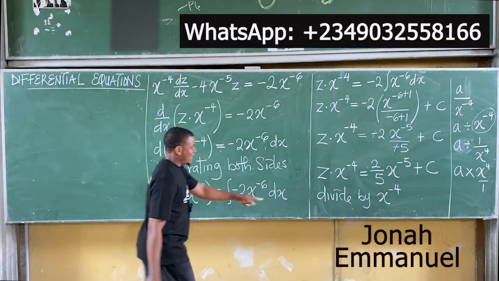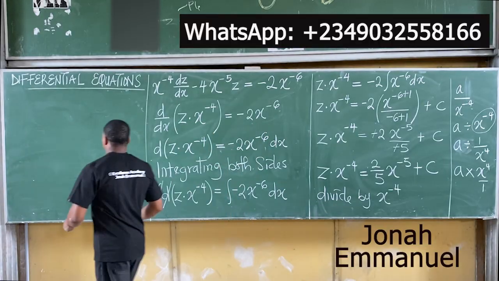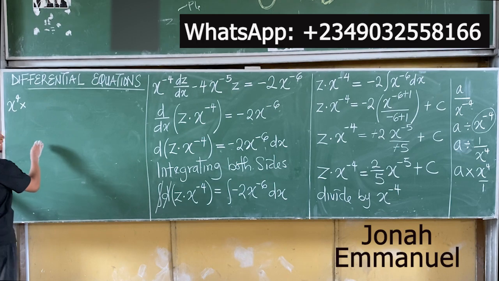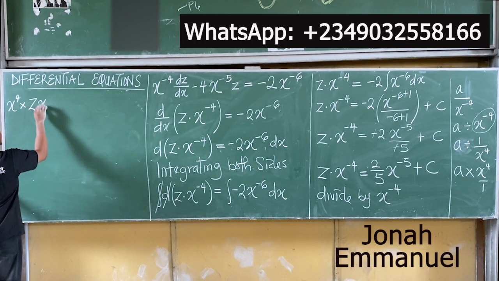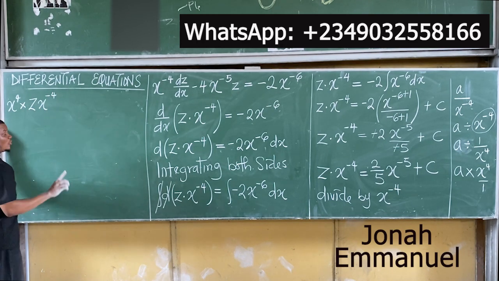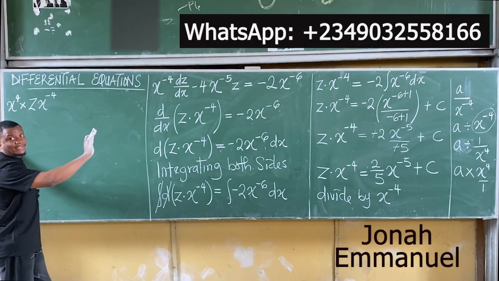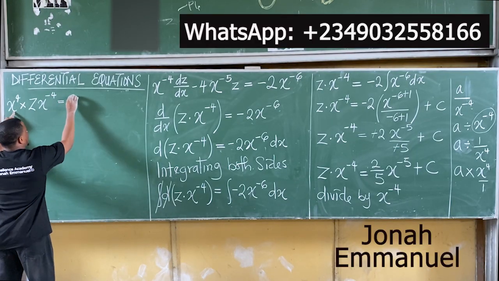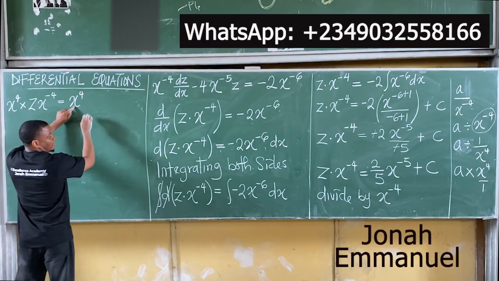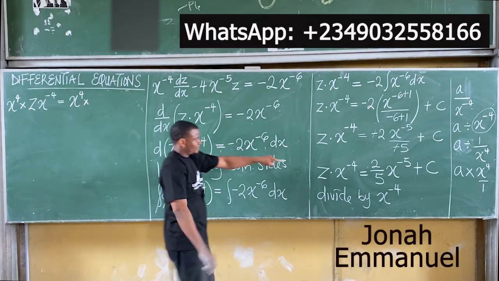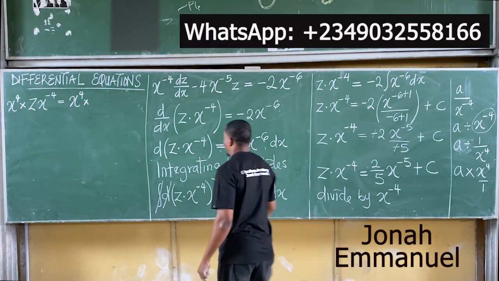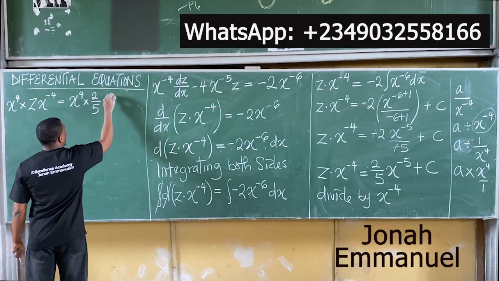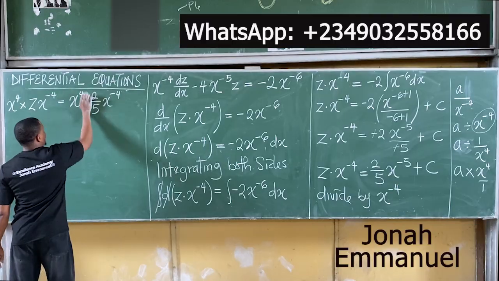So by saying divide by this, I can still say multiply by x to the power 4. So it becomes x to the power 4 multiplied by z x to the power minus 4. If you're cool with dividing, go ahead, no problems. You have the same answer. It's equal to x to the power 4 multiplying the next term there, 2 over 5 x to the power minus 5.